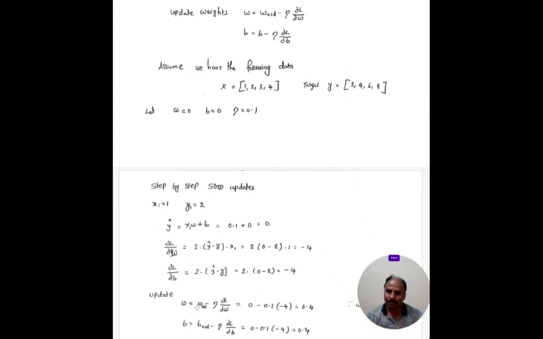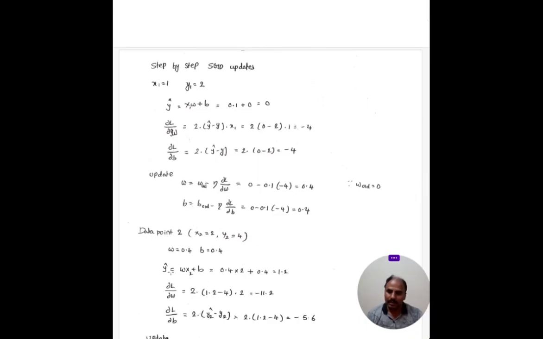After substituting, you get minus 4. In the same way, dou L by dou B is also minus 4. And for the updating equations, W old is 0, eta, the learning rate, is 0.1, and dou L by dou W we got is minus 4. Therefore the new updated weight has changed from 0 to 0.4. Likewise B also has changed from 0 to 0.4.